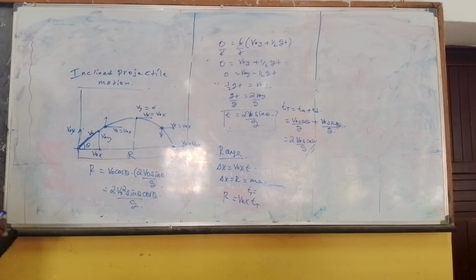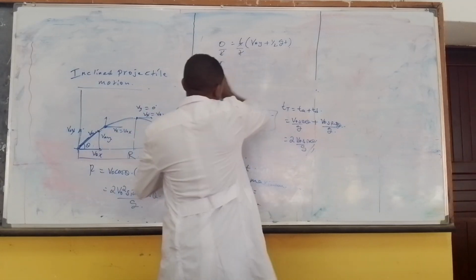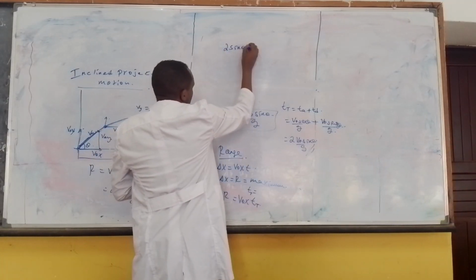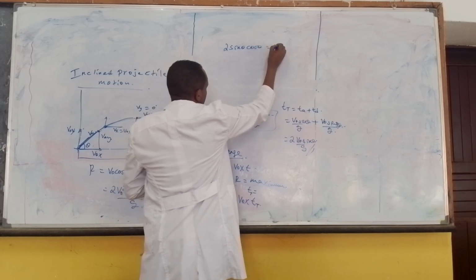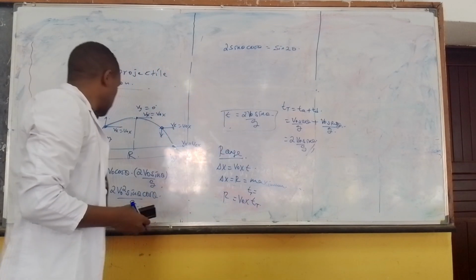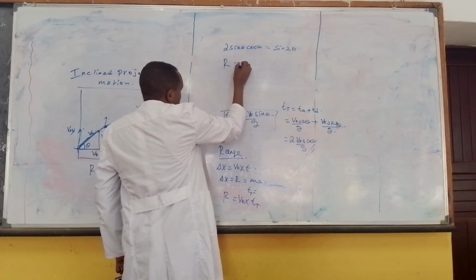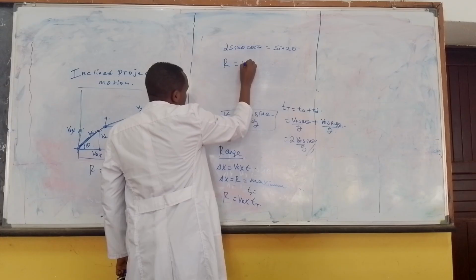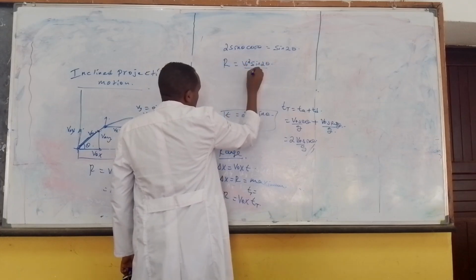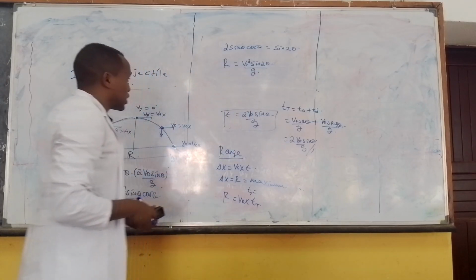From the trigonometric identity, twice sine of theta cosine of theta equals sine of 2 theta. So R equals V naught squared sine of 2 theta over gravity. This is the range.